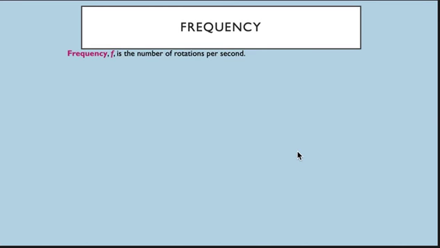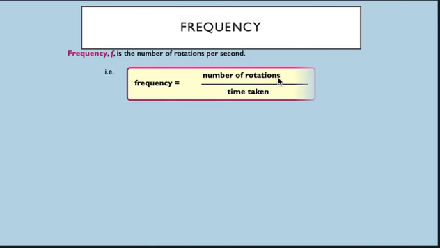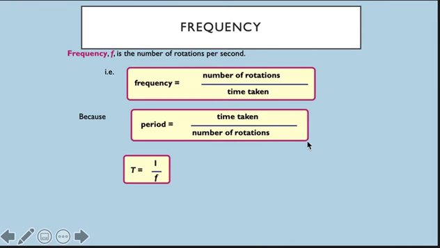Right, so we've got our two equations and we've linked them together. There's just one more thing that we can do. Frequency is the number of rotations per second, the number of rotations divided by the time it takes.